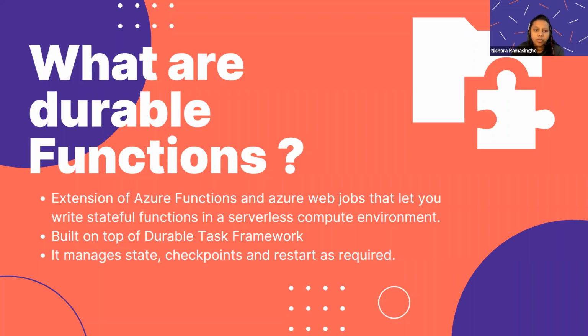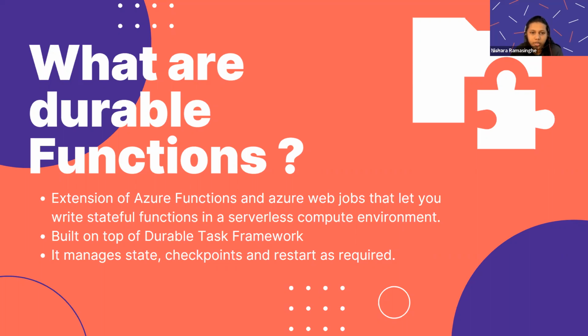Basically, Durable Functions is an extension of Azure Functions and Azure WebJobs that lets you write stateful functions in a serverless compute environment, and it is built on top of the Durable Task Framework. It manages state, checkpoints, and restarts as required, which helps us operate long-lasting stateful operations in the Azure environment.